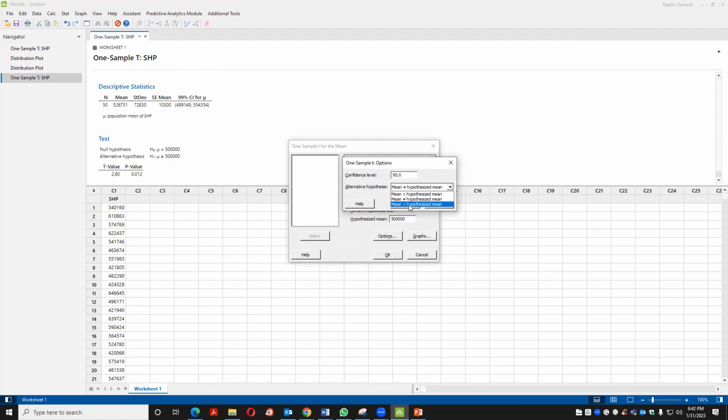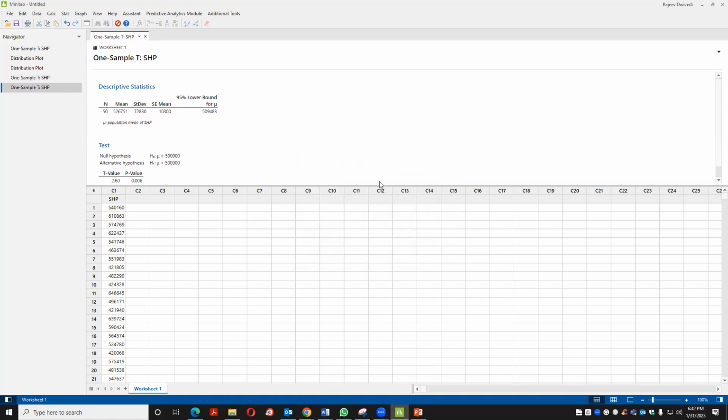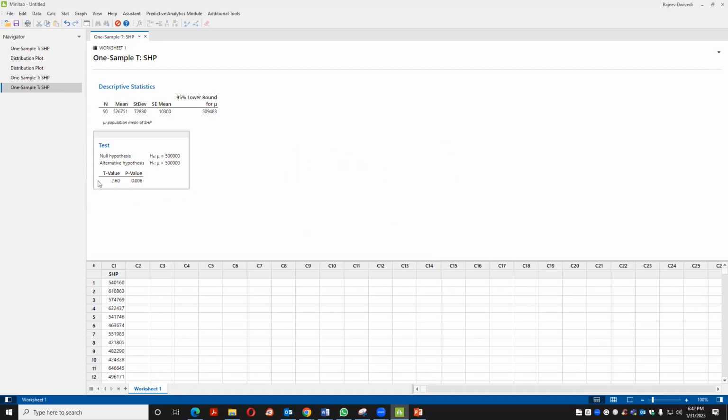So what is the null hypothesis? The null hypothesis says less than or equal to 500,000. The alternative says the opposite of that. So here I click okay, and now look at this, exactly the same t value. The p value is this.